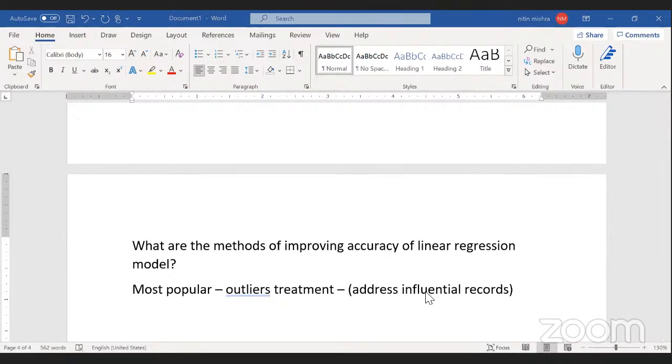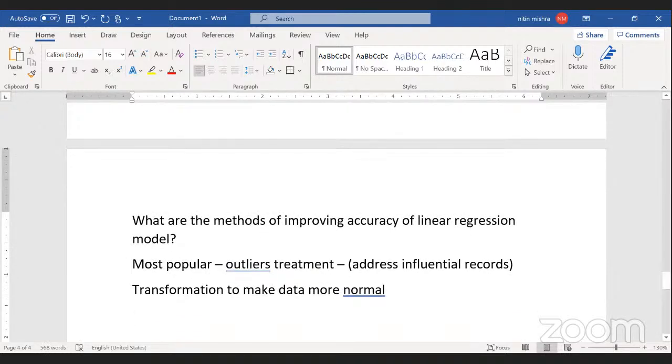All right. Transformation to make the data more normal. Polynomial form.